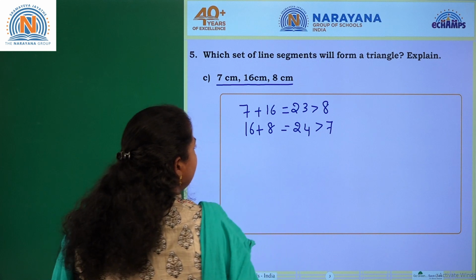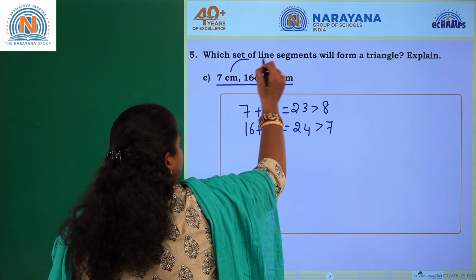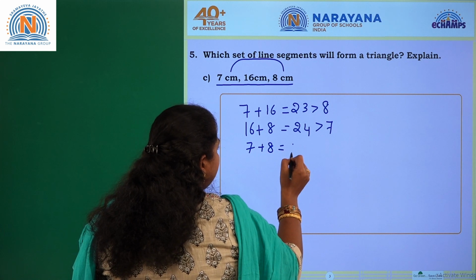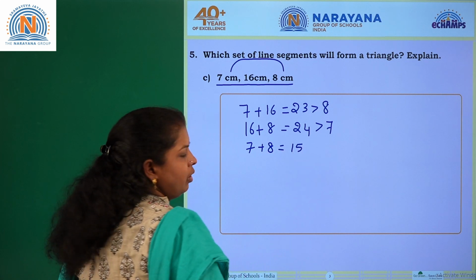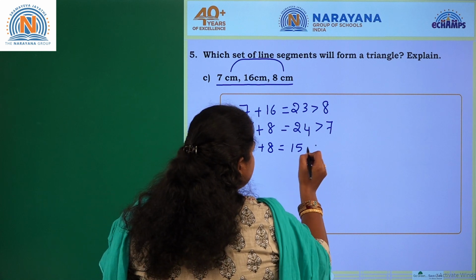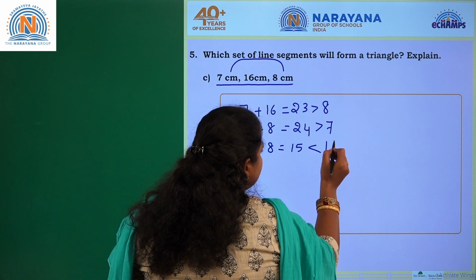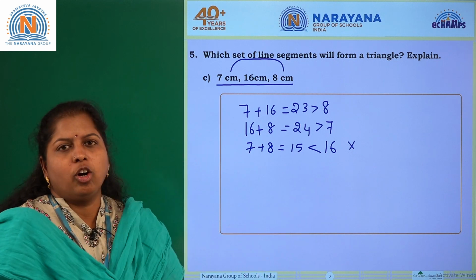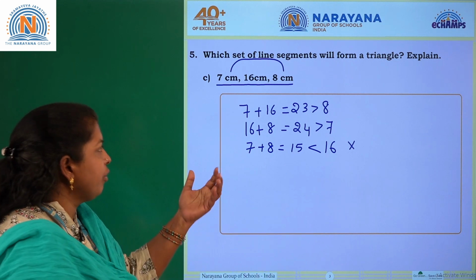So this is also fine. But if you observe these two, 7 plus 8, which is 15, it is less than the third side, that is 16. So in one case, a triangle cannot be formed. That means you cannot form a triangle.